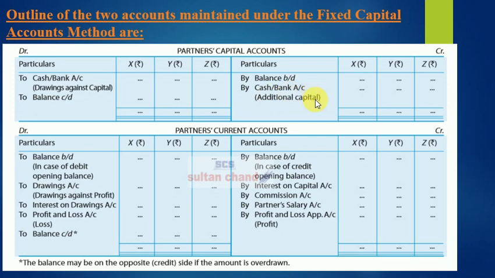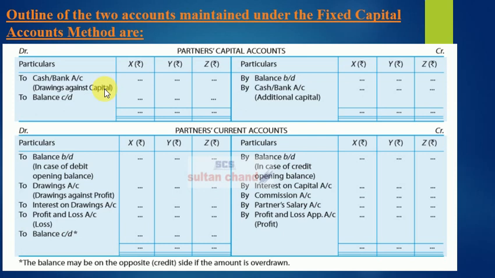If there is any additional capital brought in or any capital withdrawn, drawings against capital, it will show. Otherwise, if these two are not there, your balance b/d, that means opening capital, and the closing capital, that is balance c/d, will be the same. It will change only if these two items or one of the items comes in your question. I hope this is clear.